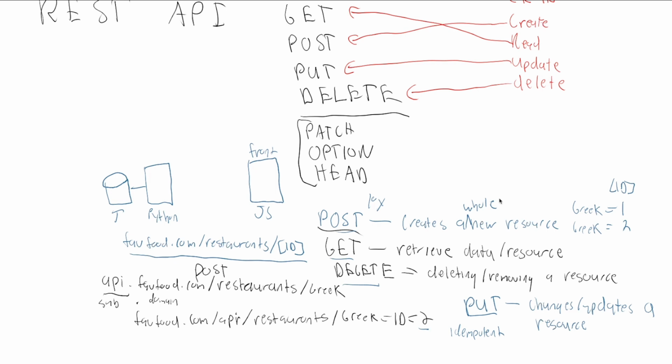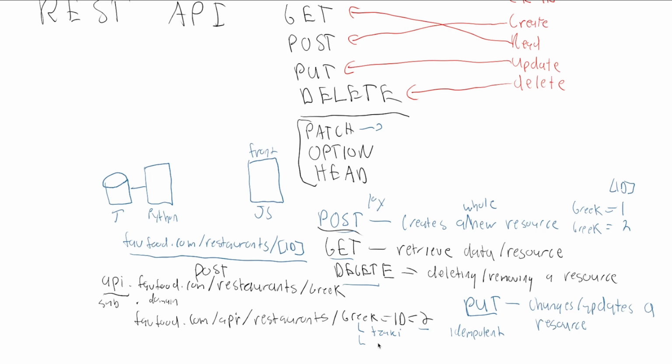Now just quickly to go over patch, because you may see this. Patch also updates a resource, but it may just update a certain piece of that resource. So if I have this object or this ID, Greek here, and then underneath it, I have little attributes for it. So Greek, let's just say tzatziki sauce, right? What else is Greek food?